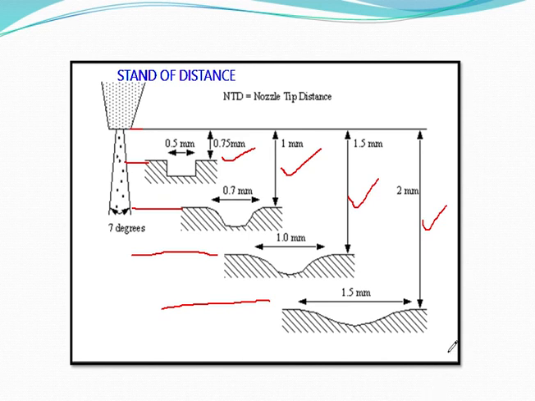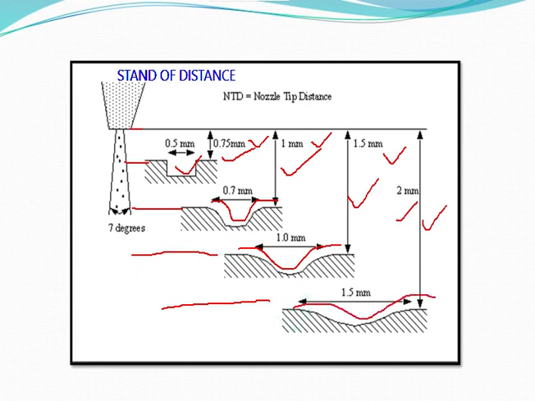So you can see when the distance is 0.275, you are obtaining a good surface quality, isn't it? Now when it goes to 1 millimeter, you can see a curve occurring. When it is 1.5 millimeter, the curve is getting more. And when it is at 2 millimeter distance, it is getting more.